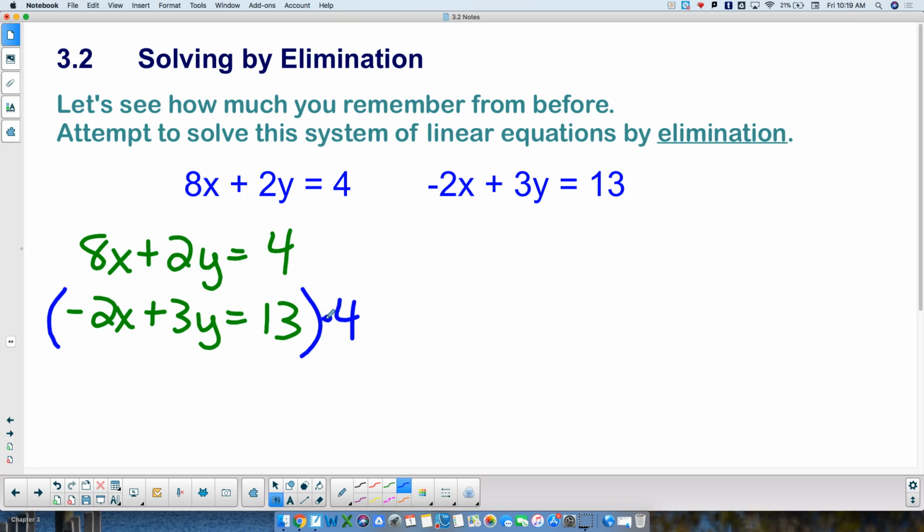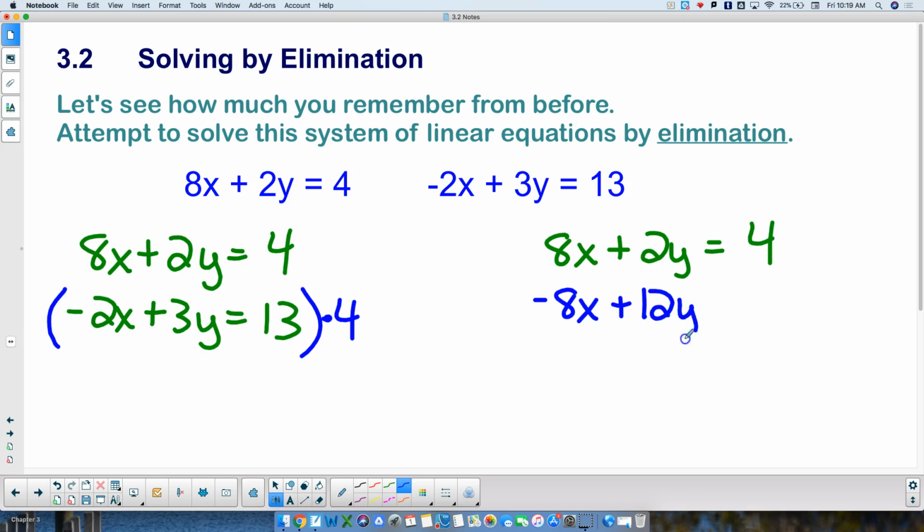So in this case, a lot of you multiplied this whole equation by 4. Because if I do that, my top equation stays 8x plus 2y equals 4, and my bottom equation now becomes negative 8x plus 12y equals 52. And here and here, I've got a positive 8 in one and a negative 8 in the other.